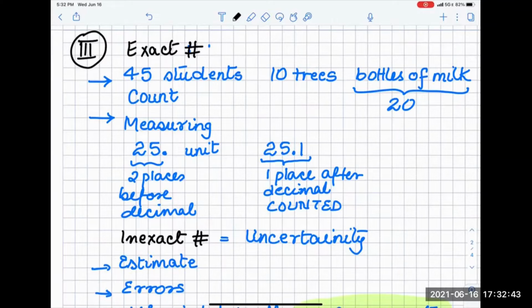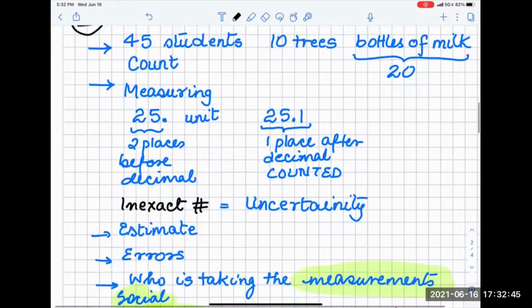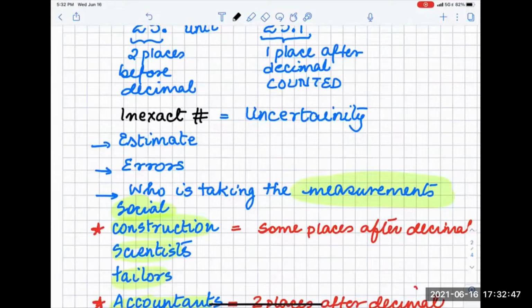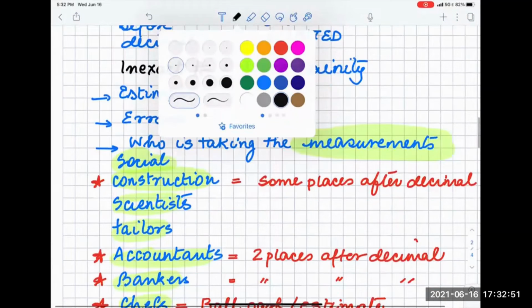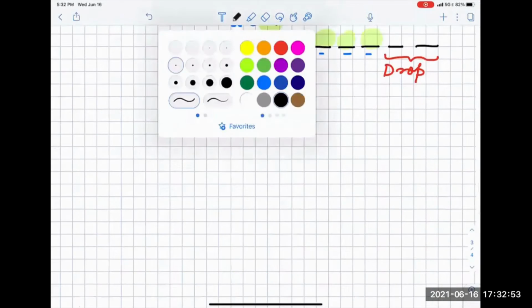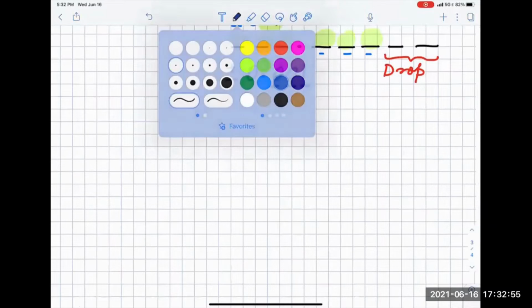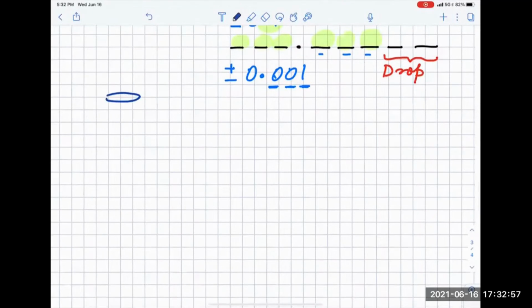Another thing is that we talked about who is taking the measurement. If you have a graduated cylinder, you will be seeing this in the lab, and in this graduated cylinder there are markings.